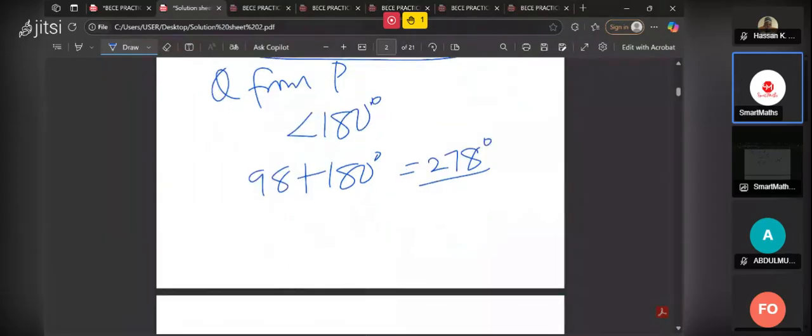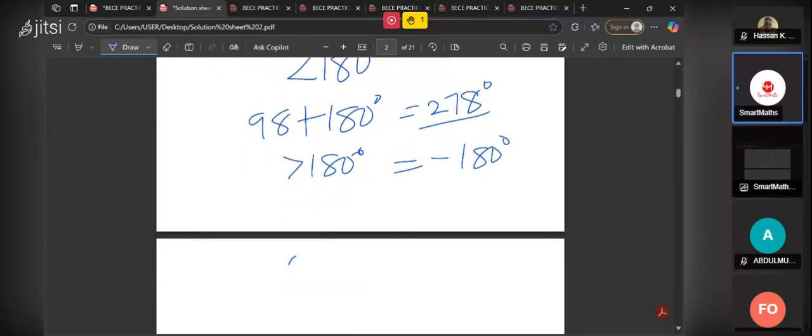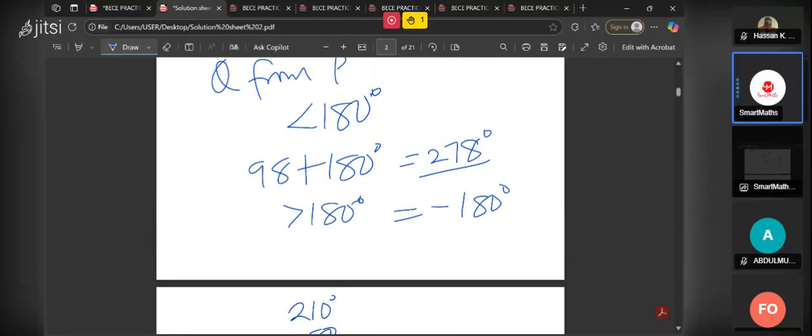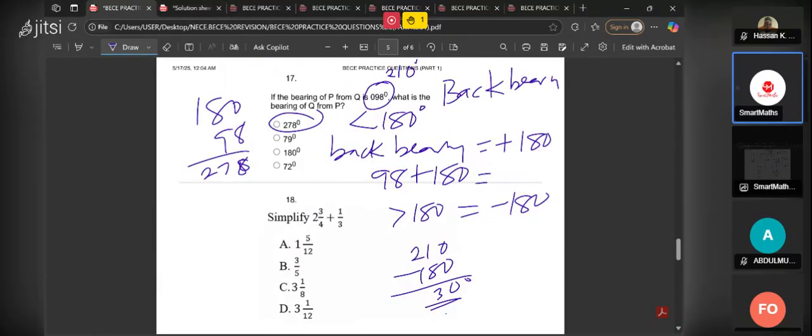But if it is greater than 180 degrees, you subtract 180 from it. I gave the example of 210. 210 degrees is more than 180, so just subtract 180 from it and you get your answer. That gives us 30 degrees. So that is how to do question 17.